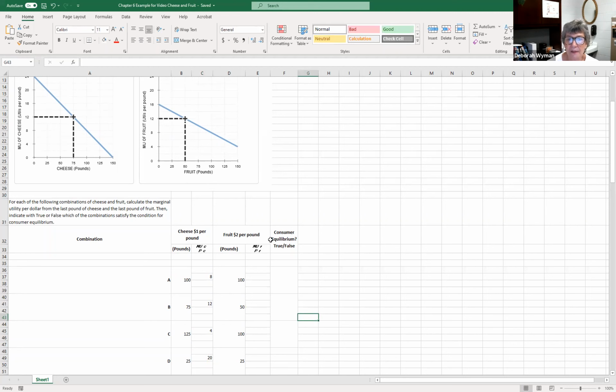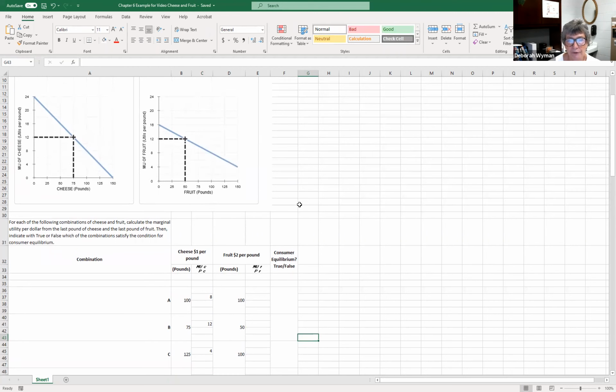Okay, so now we're going to move over to fruit. Now the fruit is $2 per pound. So what we're going to have here is we're going to look at 100, 8 utils. I'm sorry, not dollars, utils, but it's $2 per pound. So what do we do? MU divided by price.